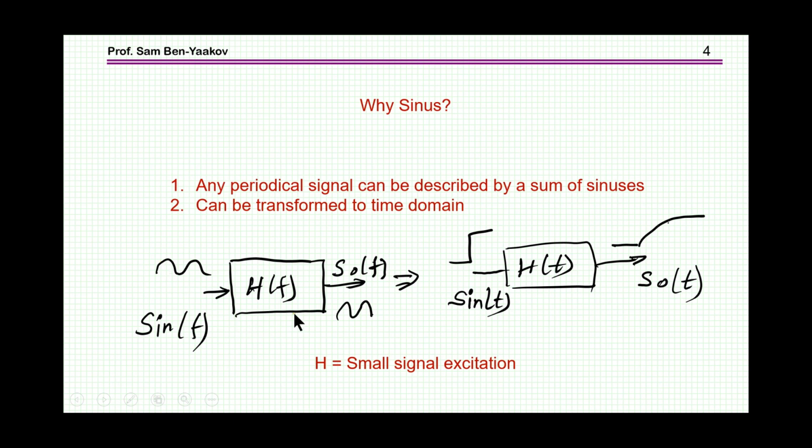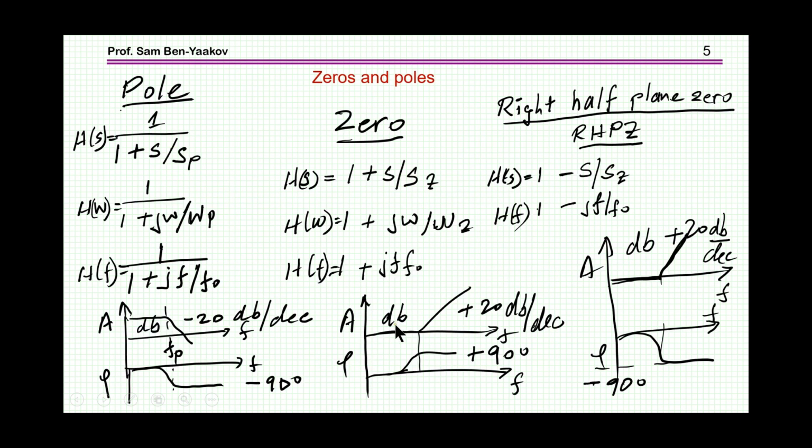Also, as it turns out, especially if I'm expressing the transfer function as a function of the complex or Laplace transform variable S, I can get the time response. That is, what will be the response when I have a step. So this is the reason for the sinusoidal representation. Now, I'm also using small signal because many systems are nonlinear, and this is the reason why we are using sinusoidal excitation, and this is the idea of Bode plot.